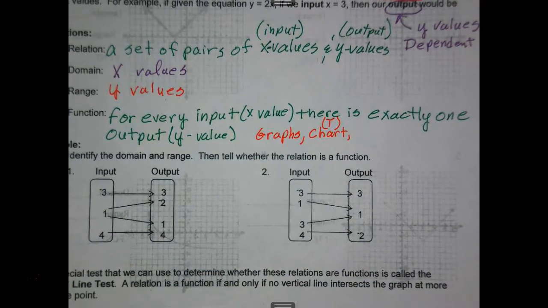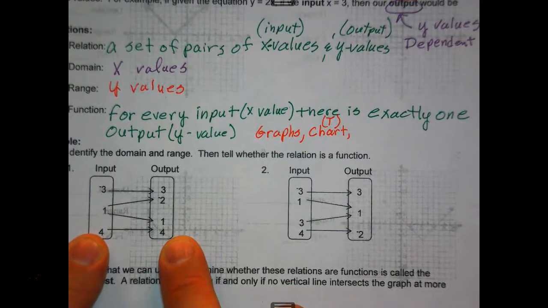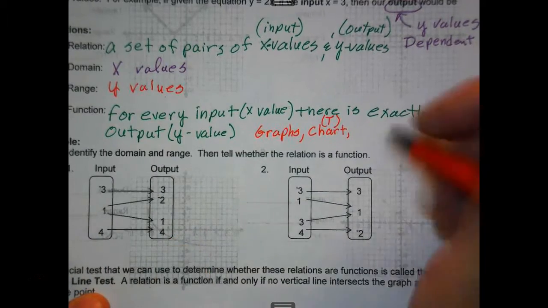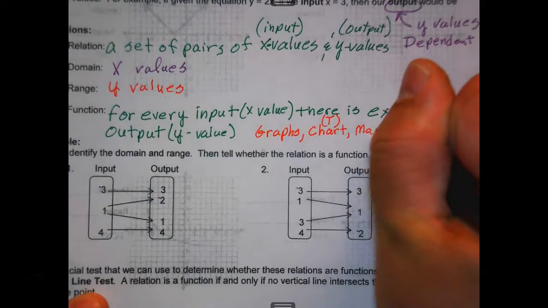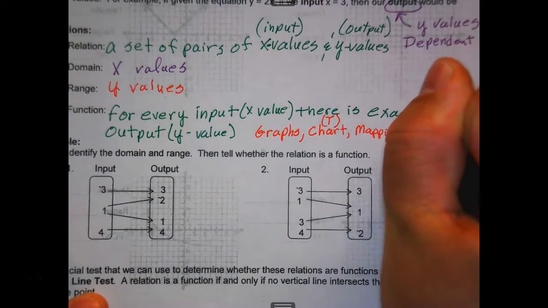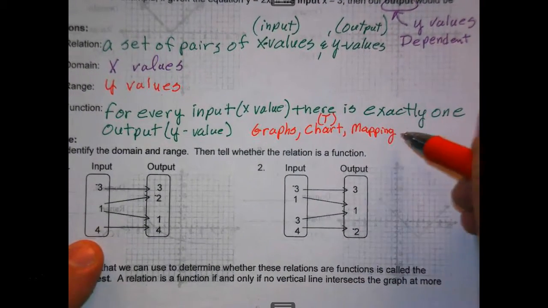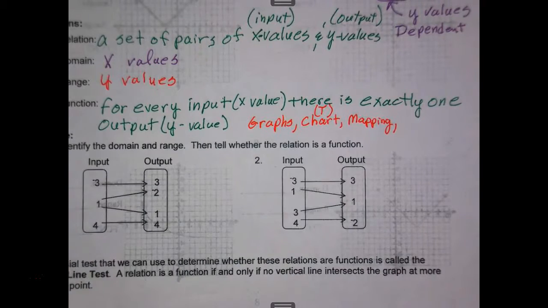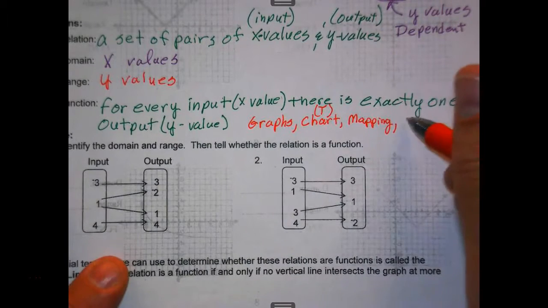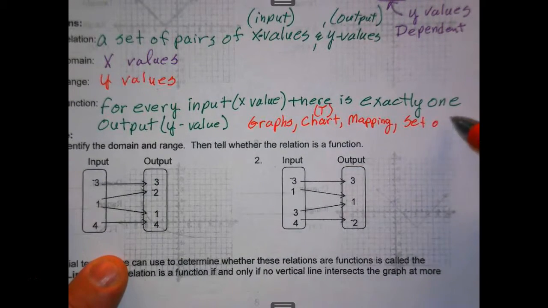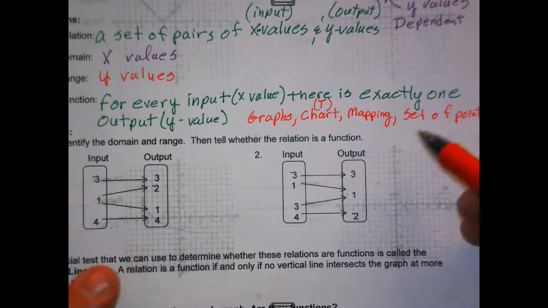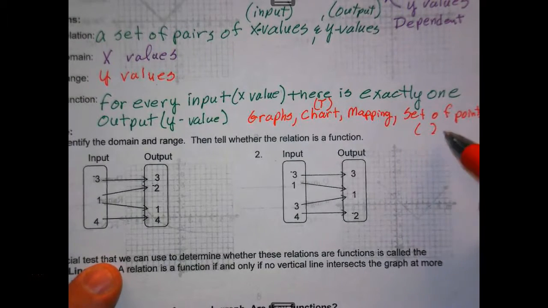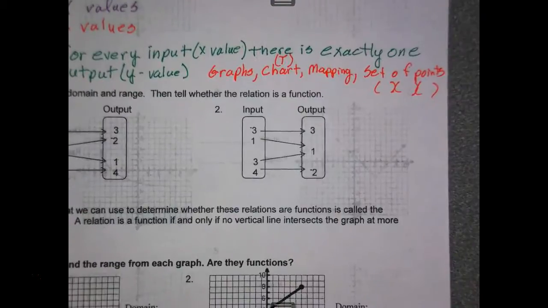Graphs, chart. What are these? They're mapping graphs, right? And there's one more. How about just a set of points? Okay, 4 ways where you have your X, Y, X, Y, X, Y.